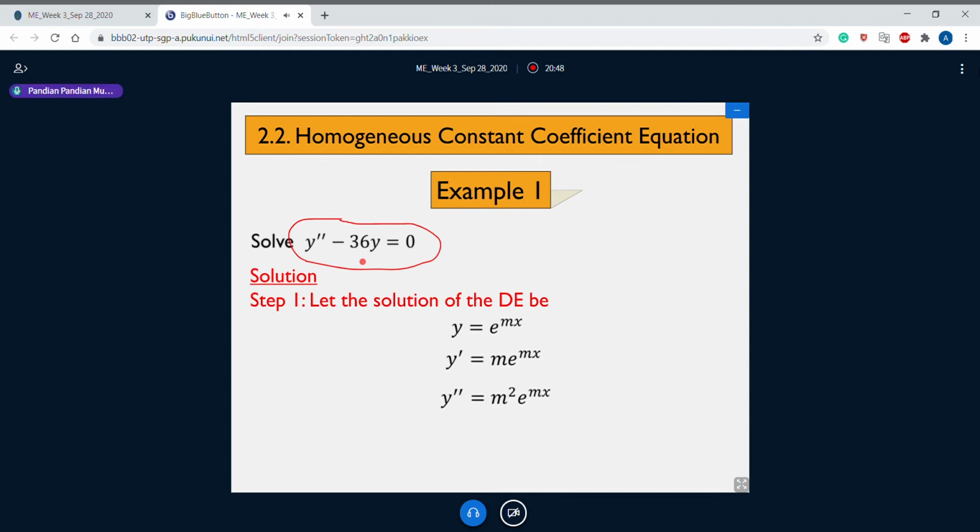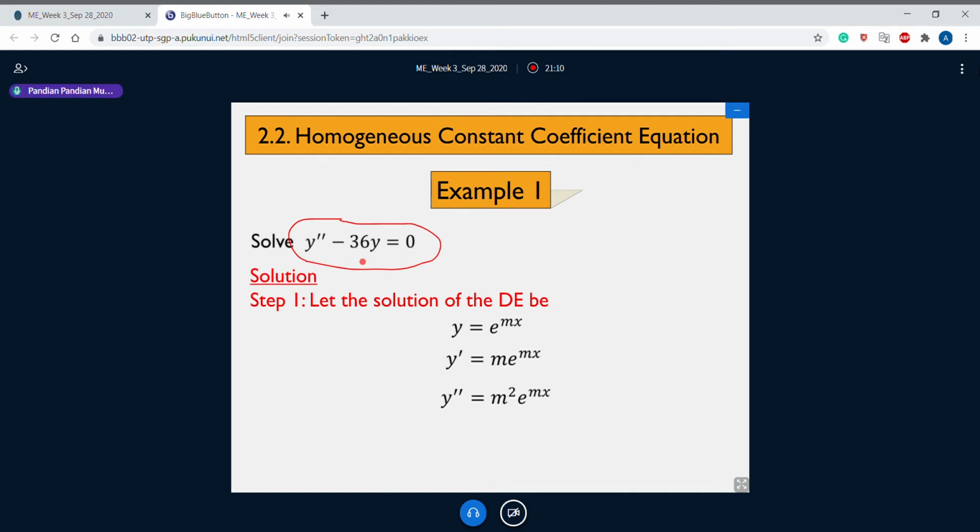You know the equation, if you look at the general equation, ay double dash plus by dash plus cy equals 0. The quadratic equation is am squared plus bm plus c equals 0. So this is the auxiliary equation, AE.